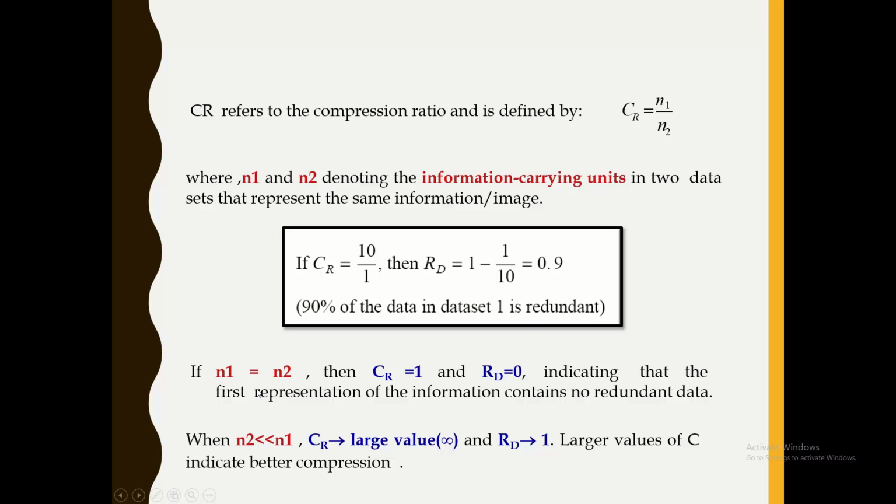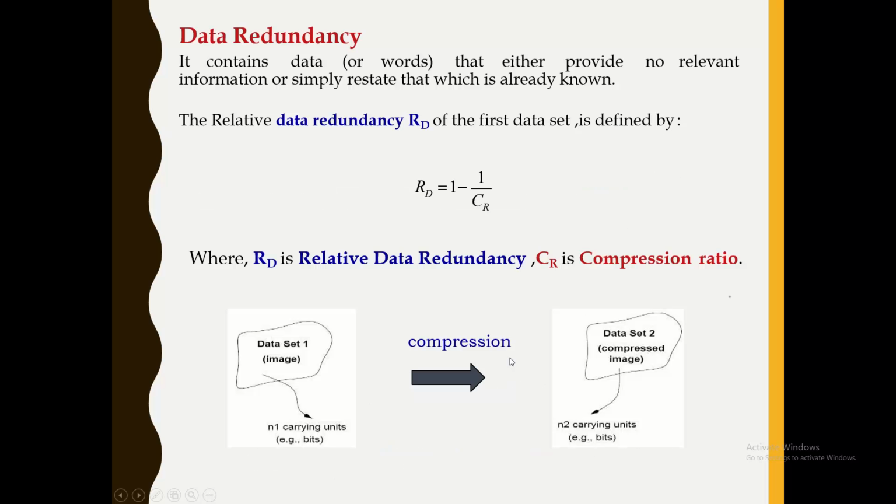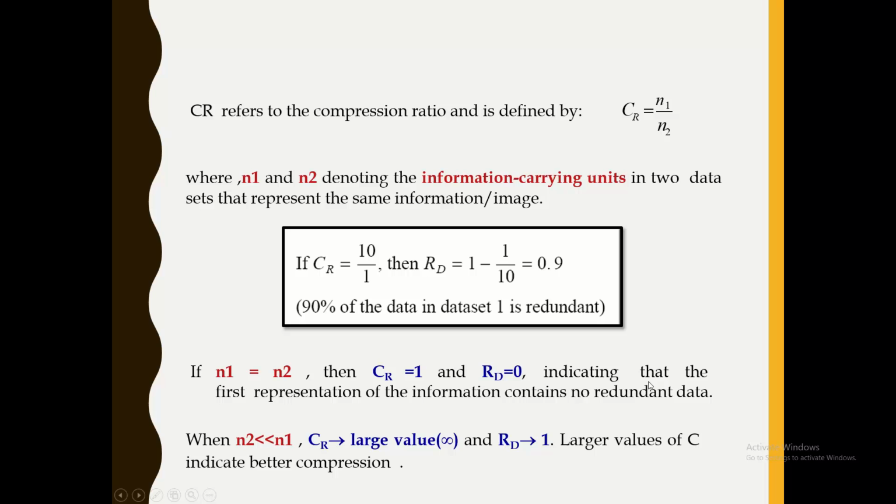If n1 and n2 are equal, then the compression ratio is 1 and the relative data redundancy is 0, indicating that the first representation of the information contains no redundant data. But when n2 is much less than n1, then the compression ratio will be larger. For example, when it becomes very large, meaning infinite, then RD tends towards 1. Larger values of CR indicate better compression.